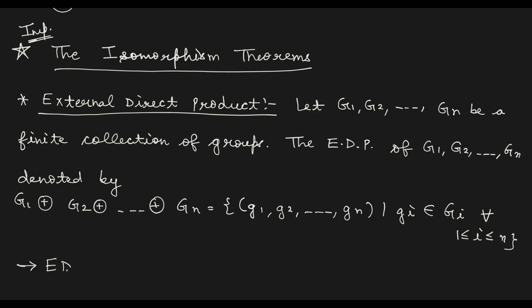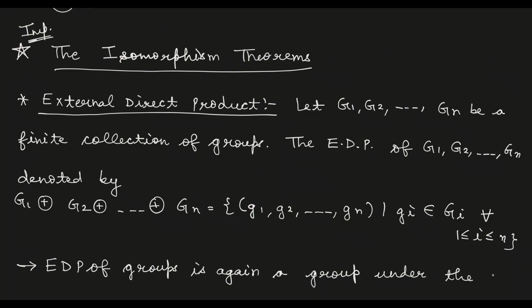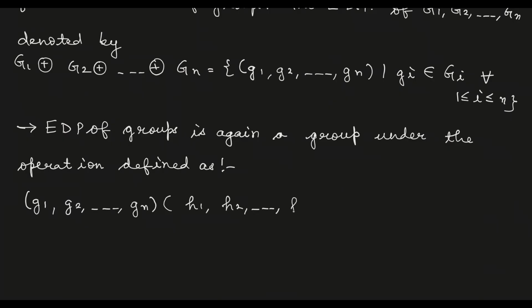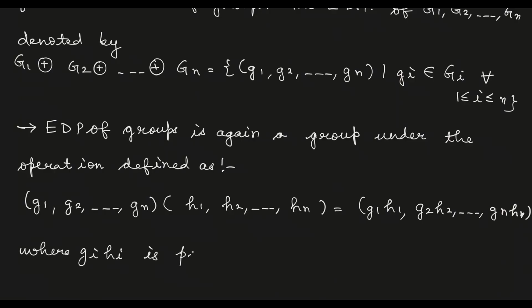First thing, external direct product of groups is again a group under the operation defined as (g1, g2, so on till gn)(h1, h2, so on till hn) equals (g1h1, g2h2, so on till gnhn), where gihi is performed with the operation of group Gi.